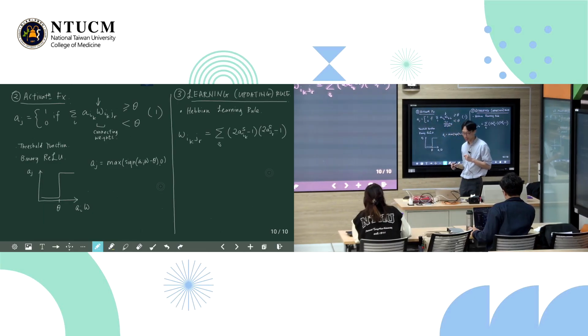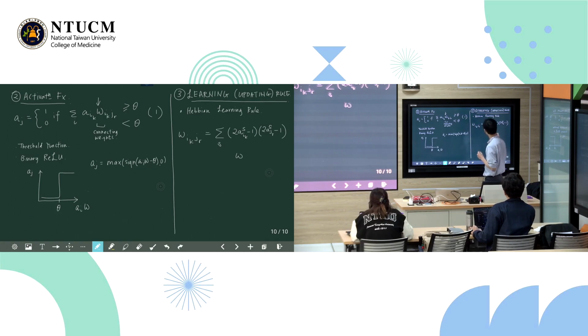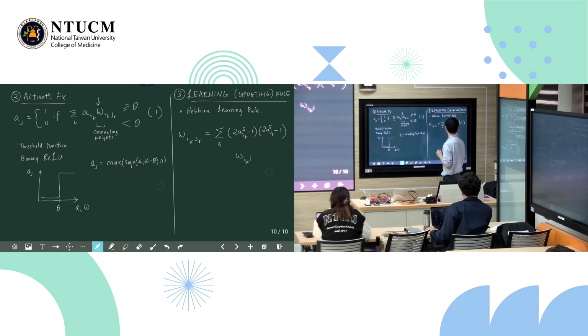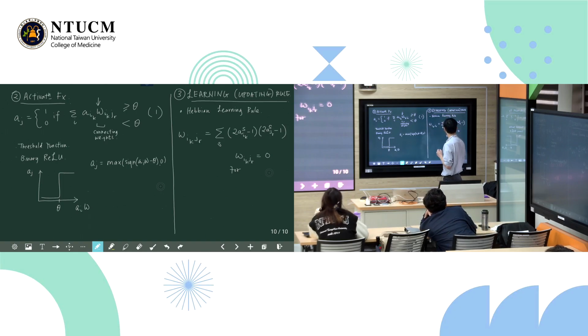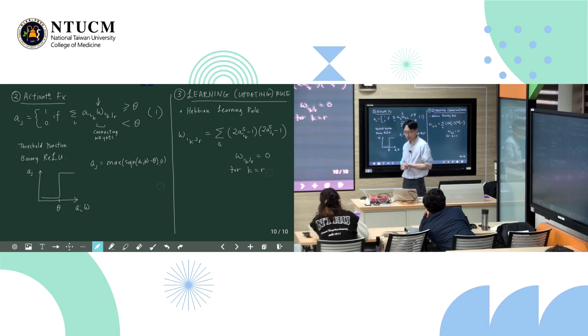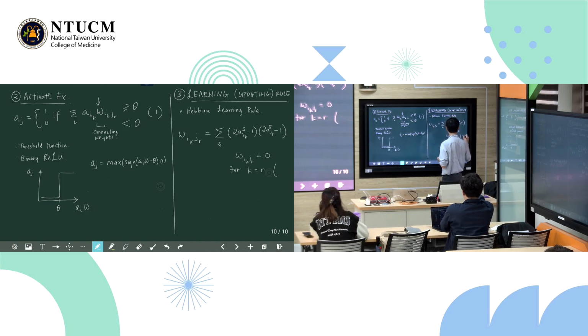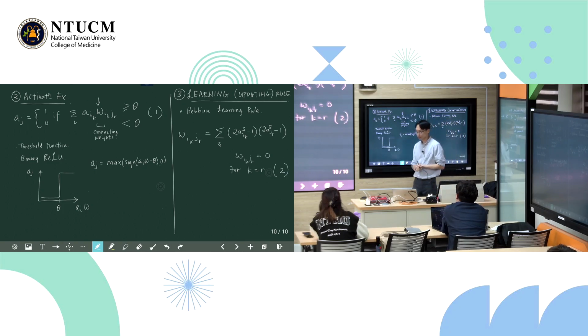And moreover, when k equals r, then the weights are 0. And this we call equation 2.